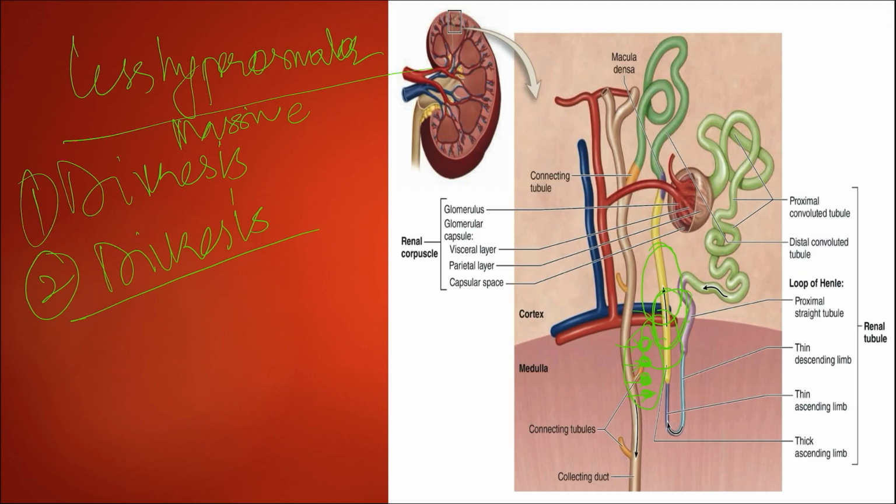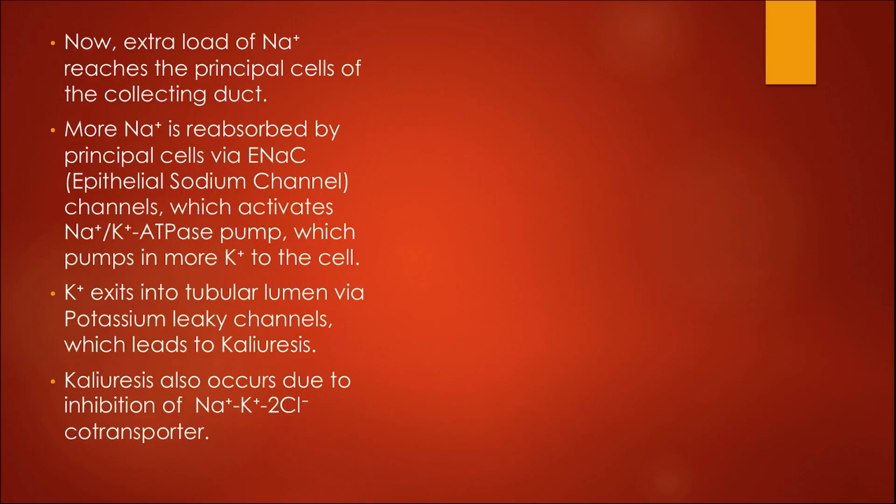Okay, now within the lumen of the thick ascending limb of loop of Henle, there is an increased load of sodium and other ions such as potassium, chloride, calcium, and magnesium.